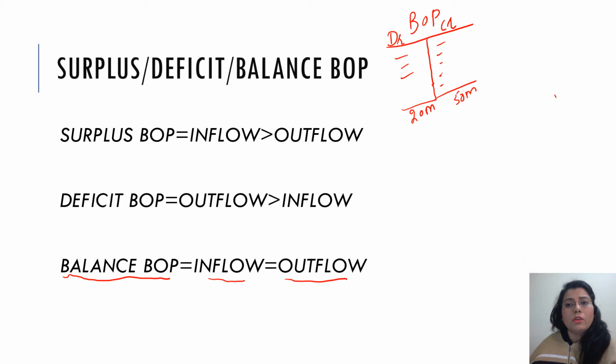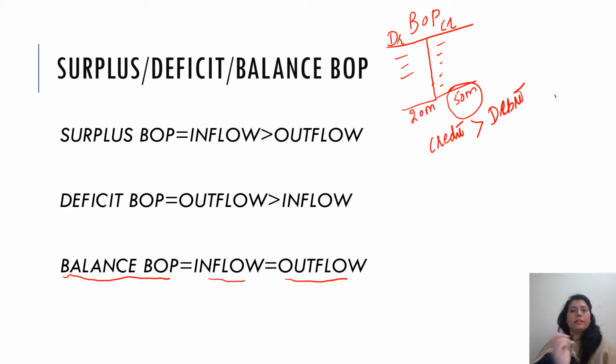It means a lot of money is coming into our country and the credit side is greater than the debit side. That is called surplus balance of payment.